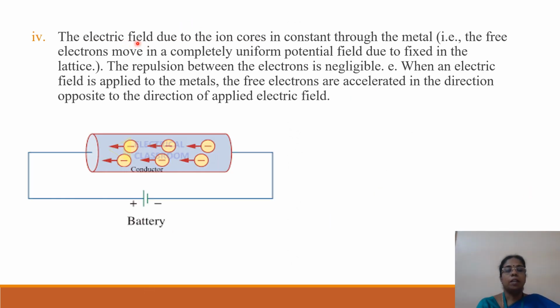When the electric field is applied to the metal, the electrons drift in one particular direction. The repulsion between the electrons is negligible. The free electrons are accelerated in the direction opposite to that of the applied field. If the field direction is from positive to negative, the electrons are directed towards the positive terminal.